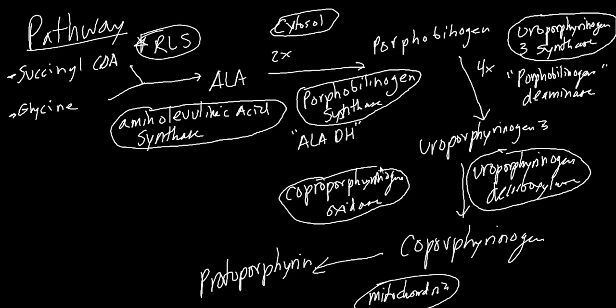Coproporphyrinogen oxidase. Okay, not that important. However, now we have a molecule of protoporphyrin. This protoporphyrin is our last step before we get to heme. That is our goal. Remember, this is the heme synthesis pathway. So here's our heme, here's our protoporphyrin.